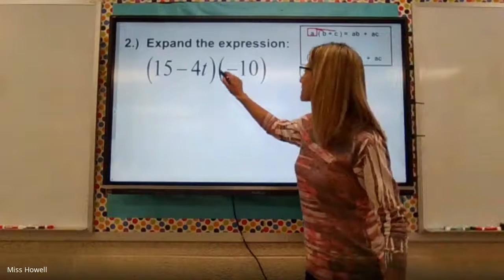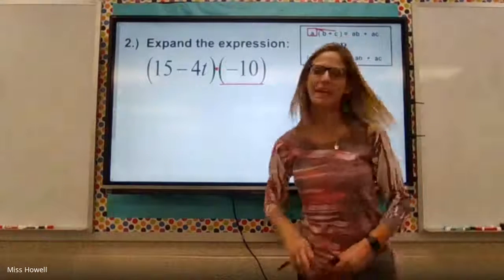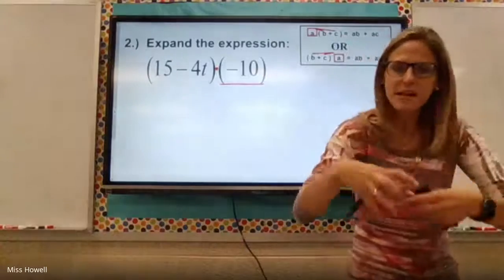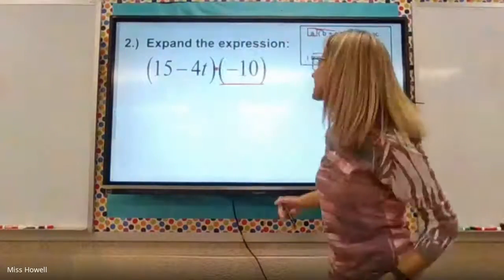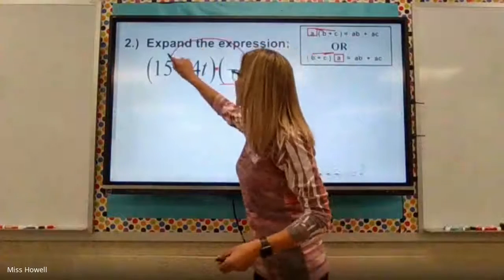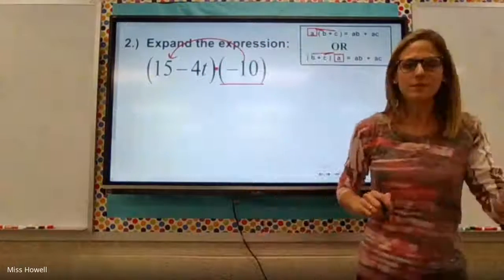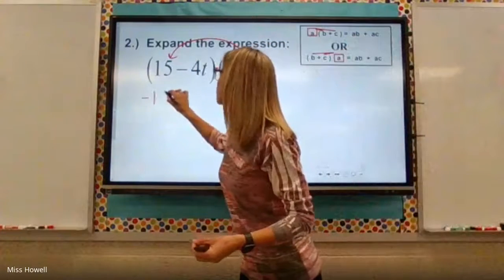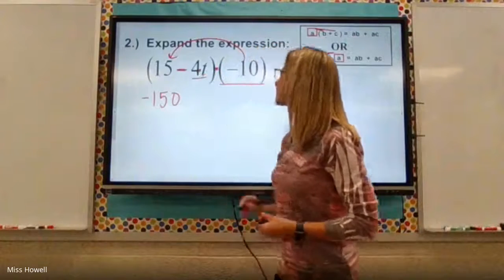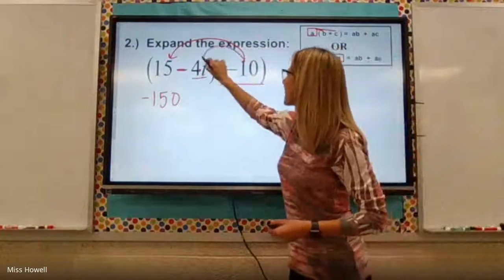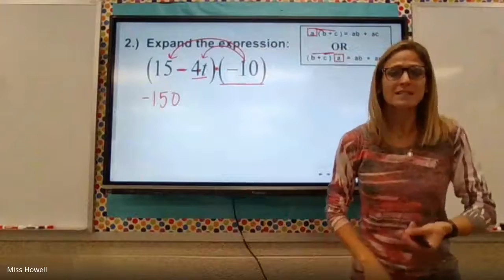Our outside thing is actually back here for this one. It's the negative 10 times. It's the thing by itself that's being multiplied. We want to share that with everything on the inside. So starting here, negative 10 times 15 would give us a negative 150. Now be careful, this is a negative 4 times t on the inside. So negative 10 times negative 4 times a t.